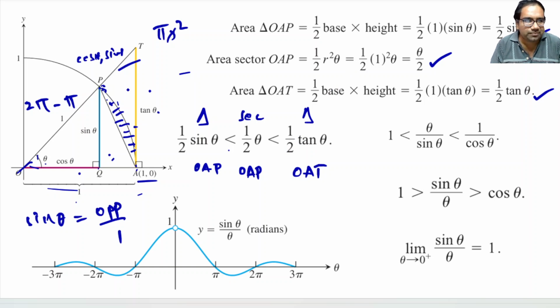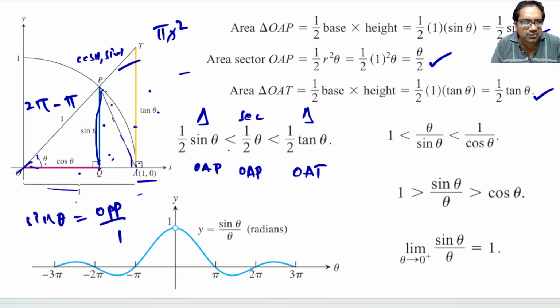Okay, basically what we are trying to say, sine theta is the length of the height of this triangle. This one will always be lesser than this one because this is a hypotenuse.